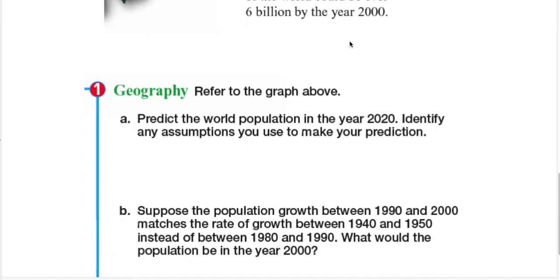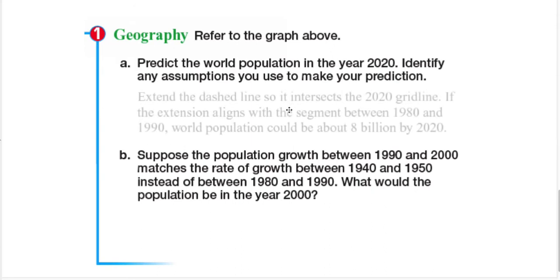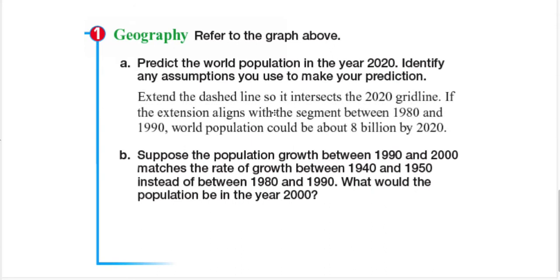Let's look at example number 1, and let's go back to the same graph. Predict the world population by the year 2020. Identify any assumptions that you make to make your prediction. Now again, what we did was we extended the line. In this case, we still extend the dashed line so it intersects the 2020 grid line.